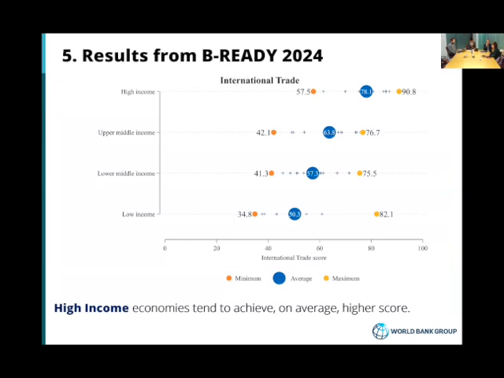And this is not something surprising, that we see that high-income economies tend to achieve a higher average score, and it is also one of the reasons for Be Ready assessing some of these indicators, given its strong correlation, not causation, with GDP.